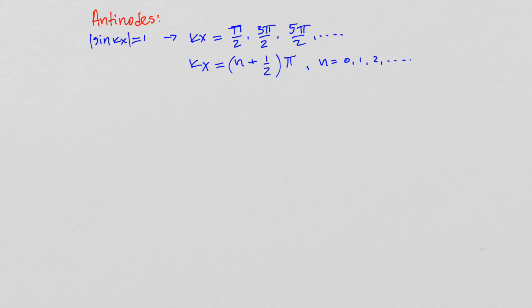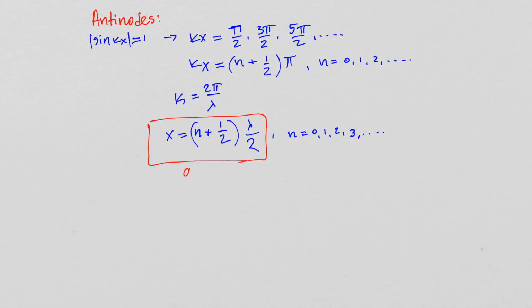Again, combining with the relationship between k and the wavelength of the wave, k is equal to 2 pi divided by lambda, I get my final expression for the positions of the antinodes along the standing wave. So the antinodes are positioned at those distances calculated as n plus 1/2 times lambda over 2, where n is equal to 0, 1, 2, 3, and so on and so forth.